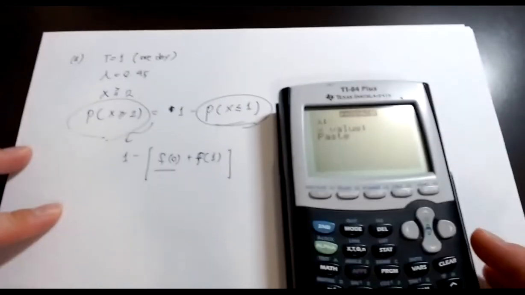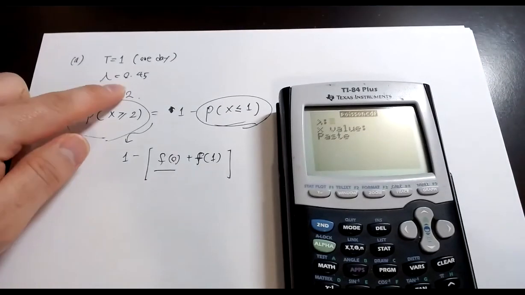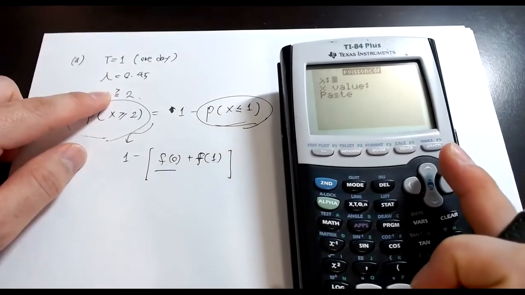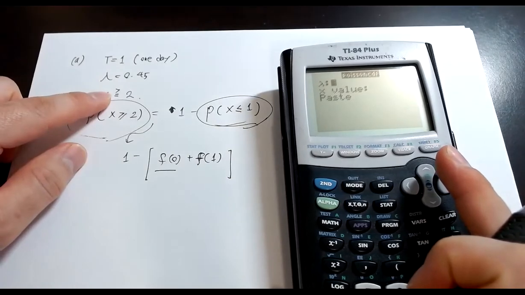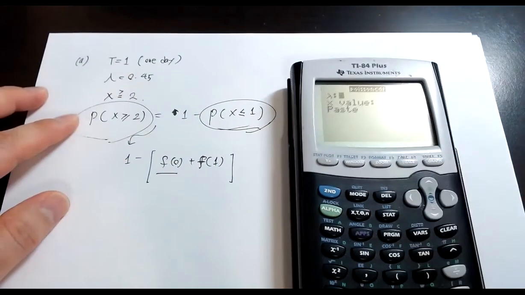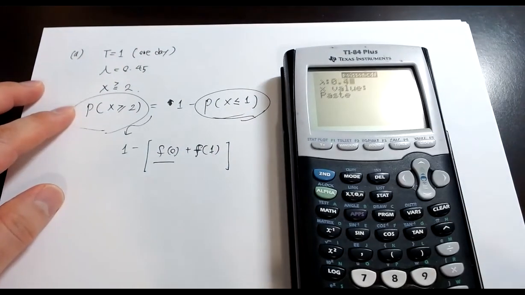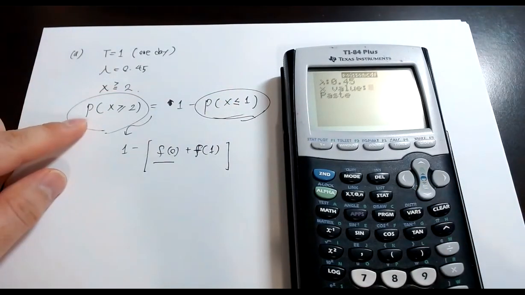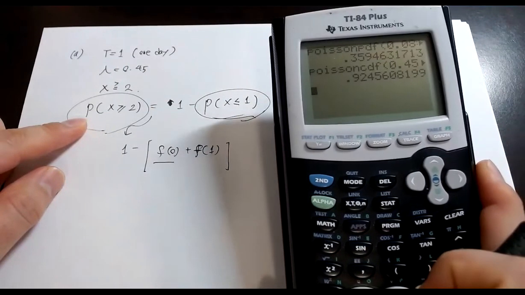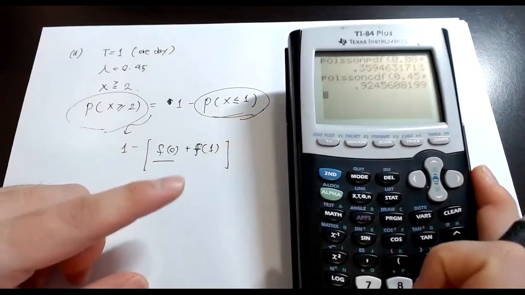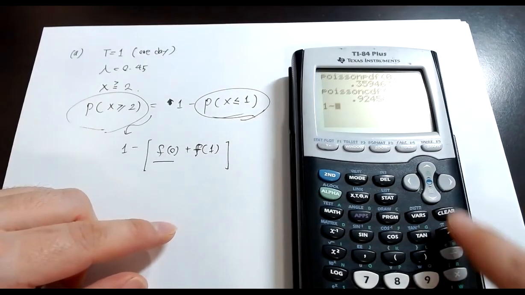So lambda is 0.45. Make sure that when you use the Poisson CDF or PDF function in the calculator, it assumes that t is 1. So 0.45, and the x value is 1, not 2. We got approximately 0.2954560, and then we subtract the number from 1. So 1 minus the number.